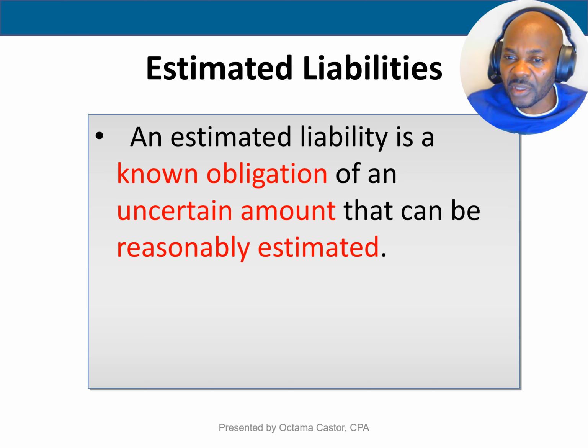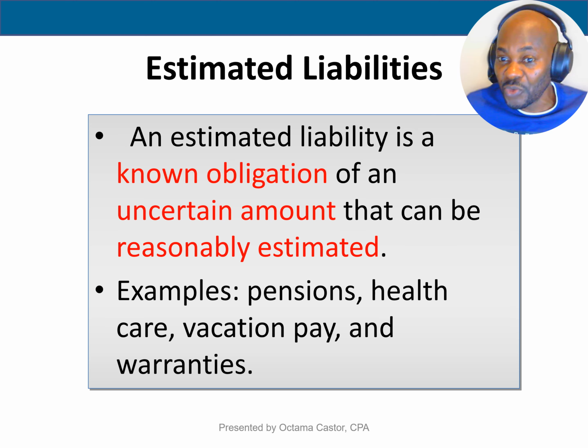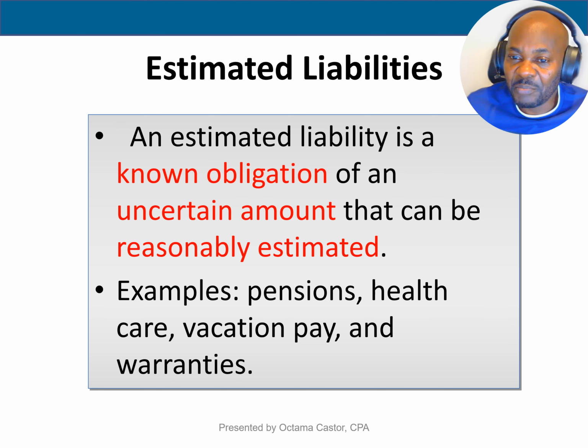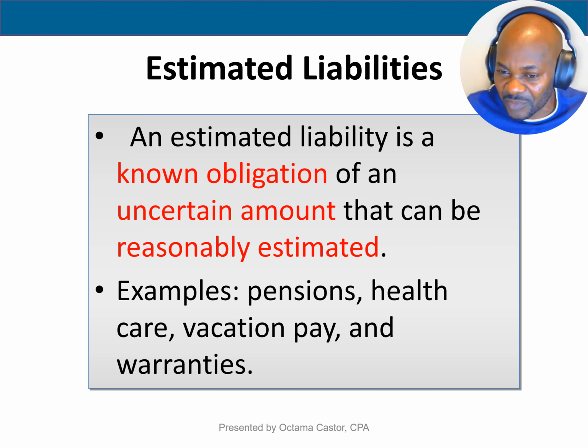When you sell a product and you offer some type of warranty to the buyers, you don't know what kind of claims you're going to have and how many claims you're going to have. You know there is a liability out there, but you just don't know what it is. And pension could also be a liability, but that is also estimated.